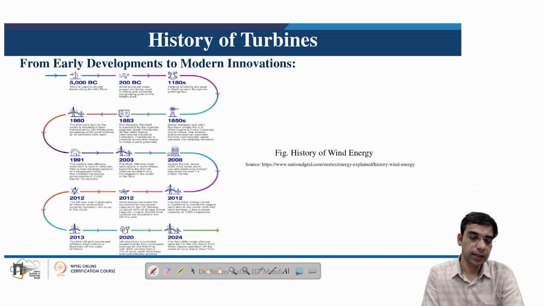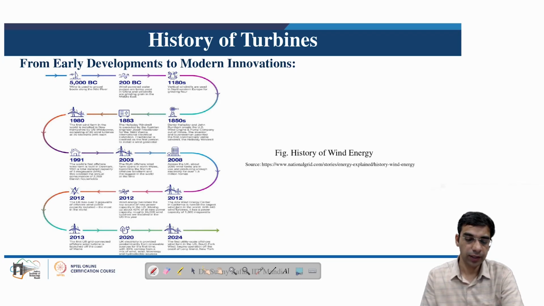Subsequently, commercial wind farms were established in the 1980s, and the first offshore wind turbine was installed in 1991. An offshore wind turbine became operational in the largest wind farm in 2003. Then across the United Kingdom, there were more than 2,000 wind farms operating.